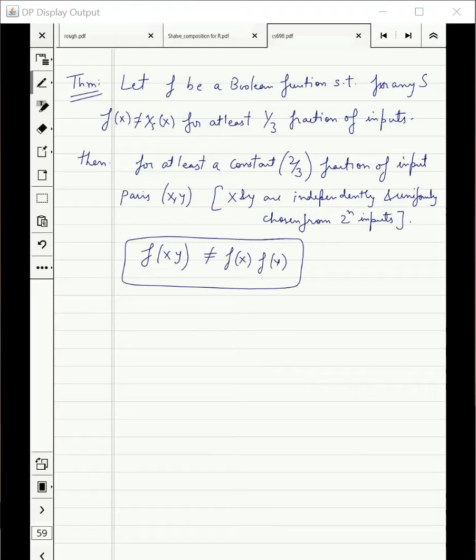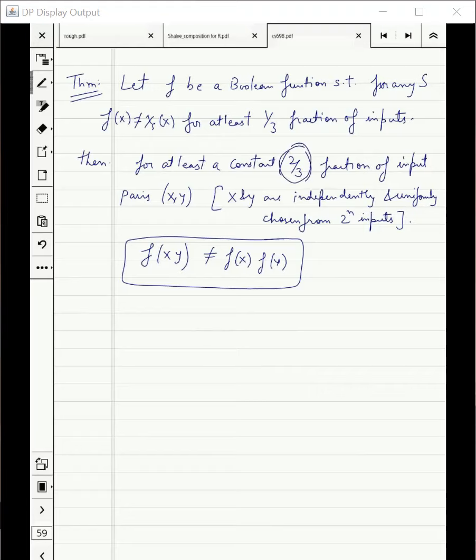So in the theorem, you said that 1/3 maps to 2/3. So what's the mapping? That we will also do, but that mapping is not really important. Even if we go from a constant fraction of inputs to some constant, this is saying that my algorithm succeeds with probability 2/3.